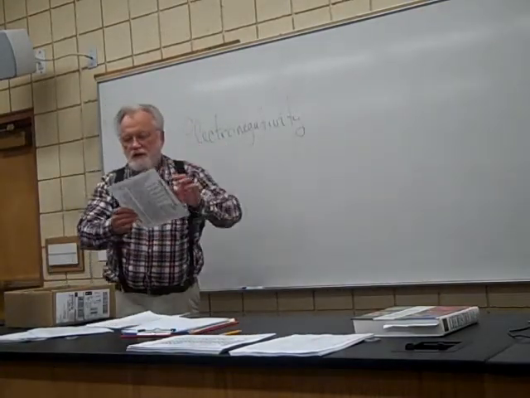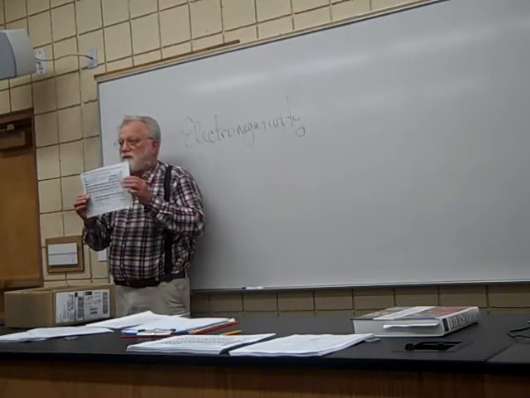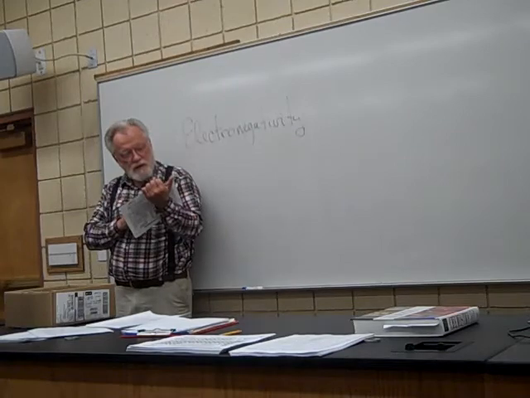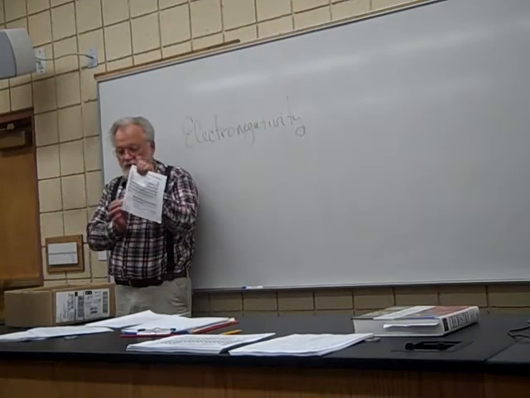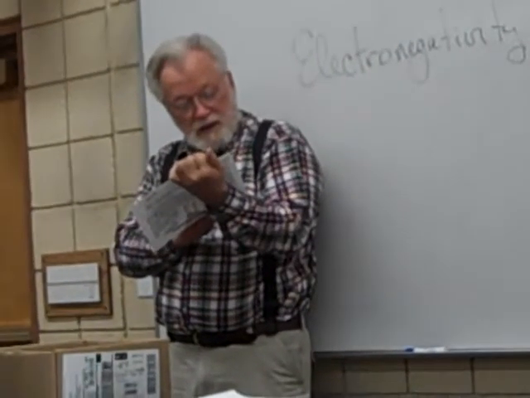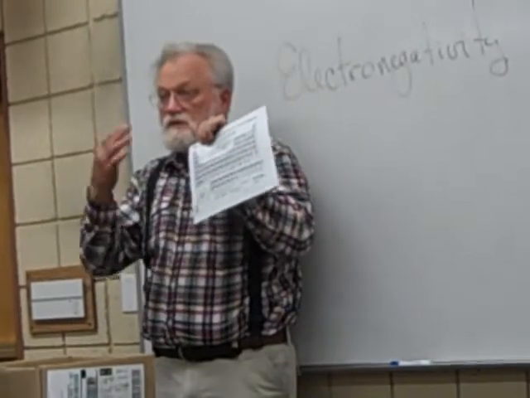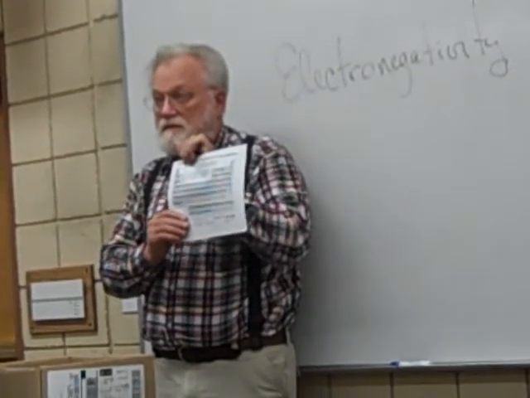On the periodic chart that I handed out, on this side, if you look at the key down here, you'll see that electronegativity is in the top of the column to your right-hand side.